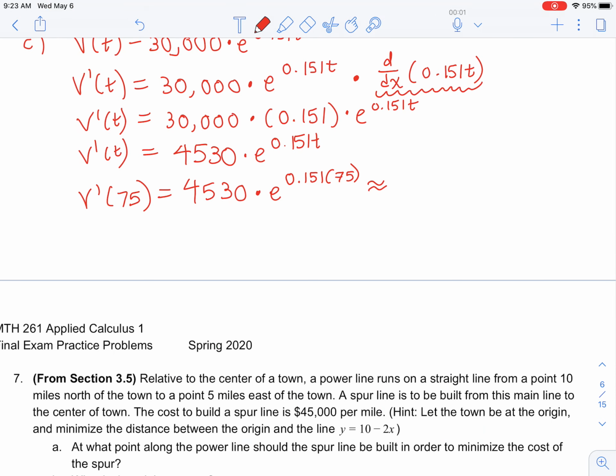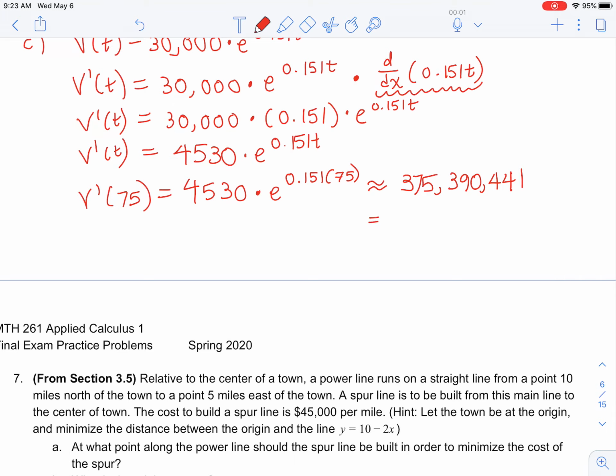And then they want it in the nearest million, right? So this one was 370,390,441.